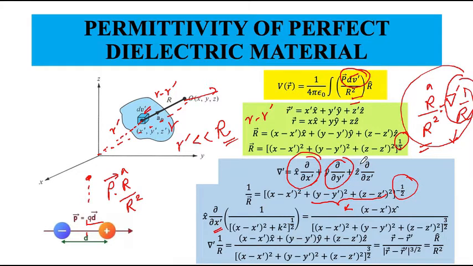Now we differentiate this using the basic rule of differentiation, and you will get (x minus x dash) x hat divided by this whole term to the power 3 by 2.